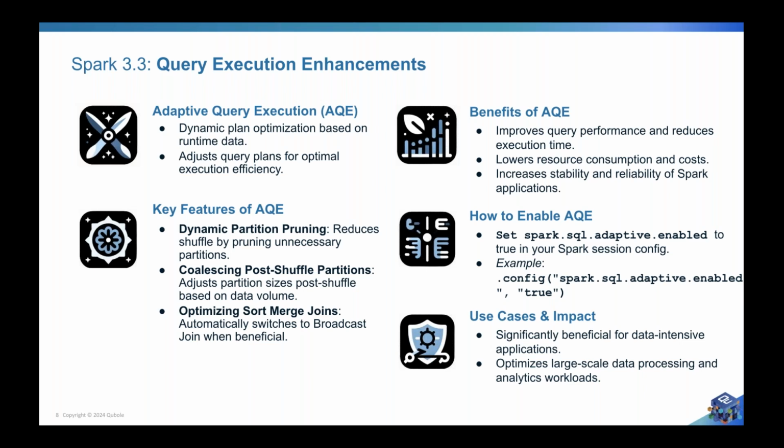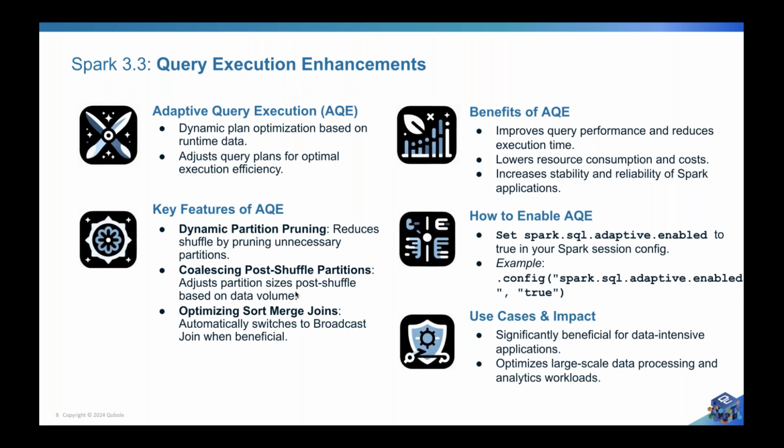And then coalescing, correct? It's again important, because when you get the output data post shuffle, you might have a lot of partitions, but if you can coalesce them into one, the number of tasks will get reduced, and the data transferred will be better, because you can compress them, or use any other mechanism to make sure the data transfer is much better. So coalescing helps over there.